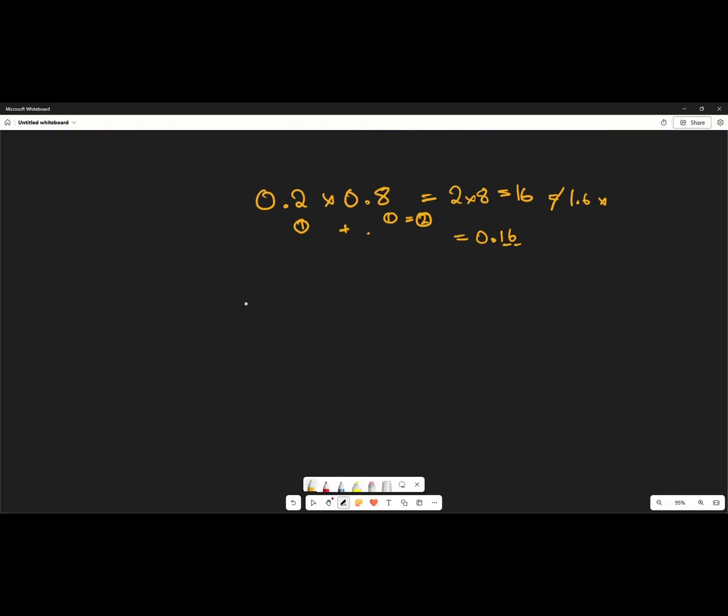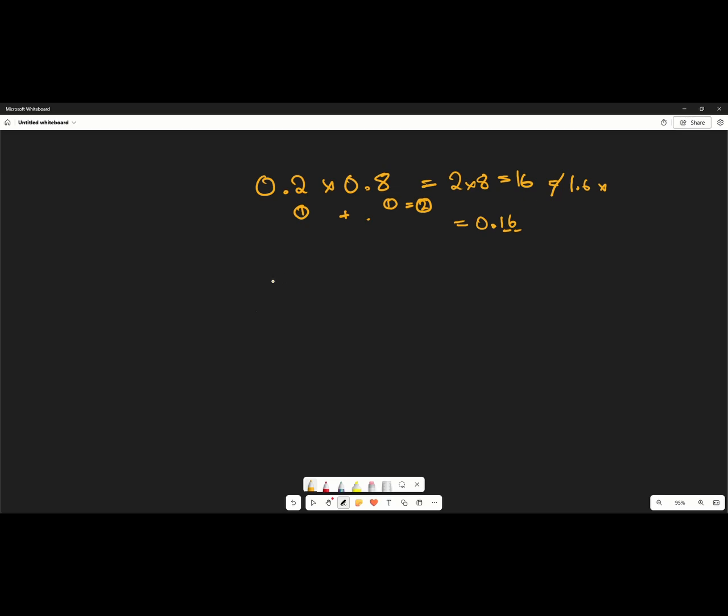See, another way to think about it is 0.2 converted to a fraction. So this is 2 by 10. Okay, don't simplify it yet. 0.8 is also a fraction, you get 8 by 10. Now you multiply 2 into 8 divided by 10 into 10.